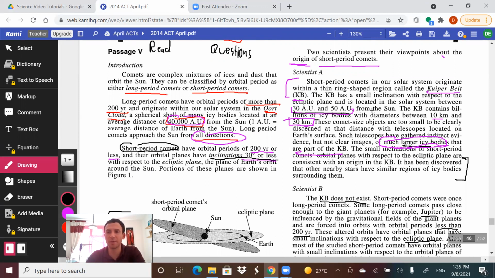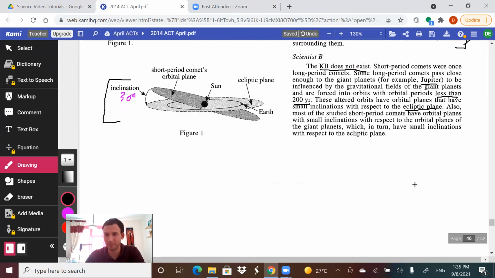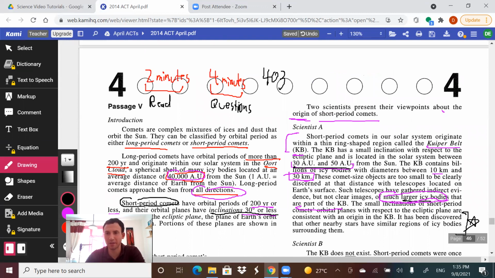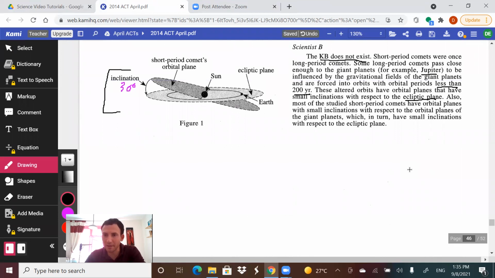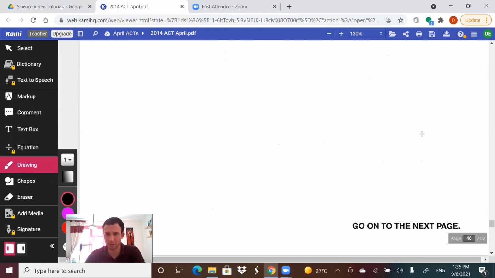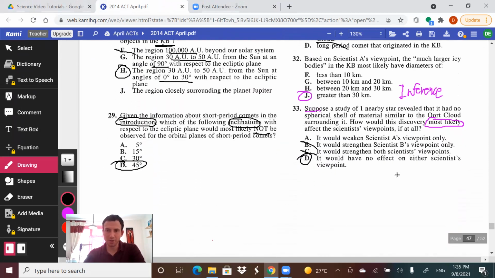So anything we observe about the lack of an Oort cloud in different solar systems doesn't affect what we know about our solar system. So it doesn't really hurt what scientist A says about the KB belt. And if we look at scientist B, none of scientist B's hypothesis is actually supported by or dependent upon observations from other solar systems. Scientist B never references another solar system. So actually, this one's going to be D, and I really apologize for the confusion there.